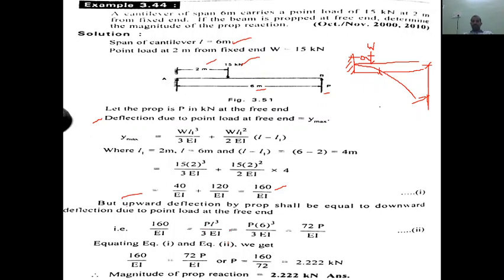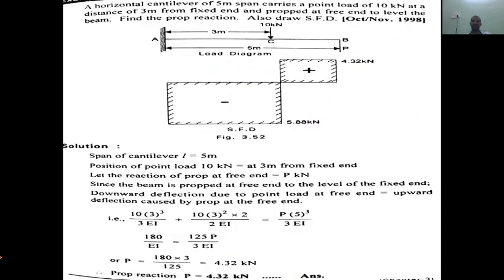PL cube by 3EI, but L is 6, so 6 cube by 3, that is 72 P by EI. When you equate these two, P is equal to 160 by 72, that is 2.222 kilonewtons. So this is the final answer, the prop reaction, 2.222 kilonewtons. Like this you can calculate the prop reaction.